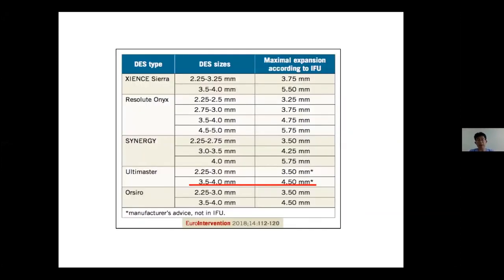In EuroIntervention, another paper tells us that the Xience stent opens at most to 4.5. However, the LMT size in some cases is 5.5 or 6 millimeters. So Xience is not a good choice for the LMT. Why?